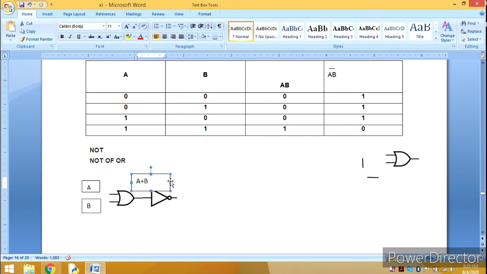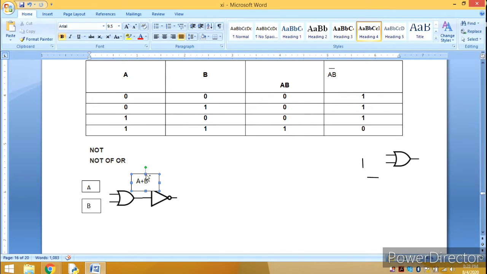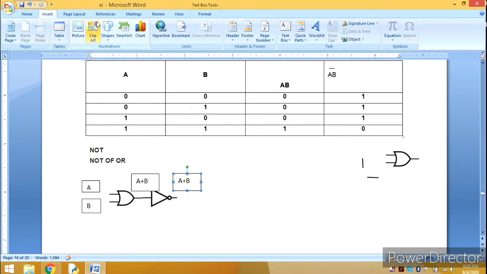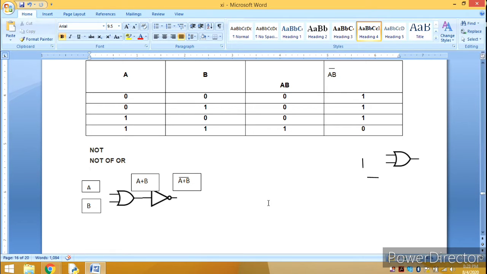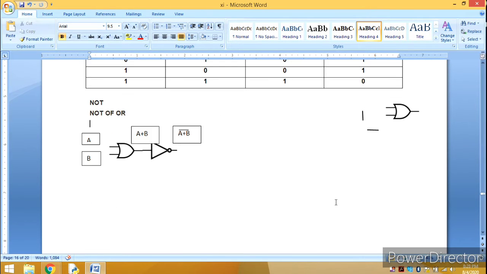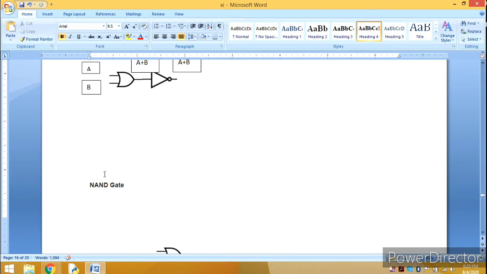Yes, sir. So here, if the NOT operator is again applied, you will be getting the complement of A plus B, isn't it?